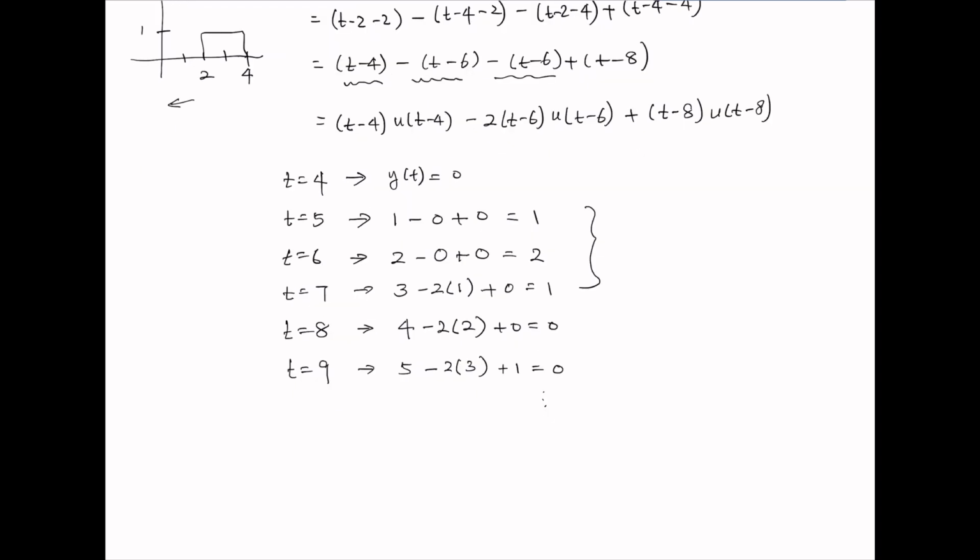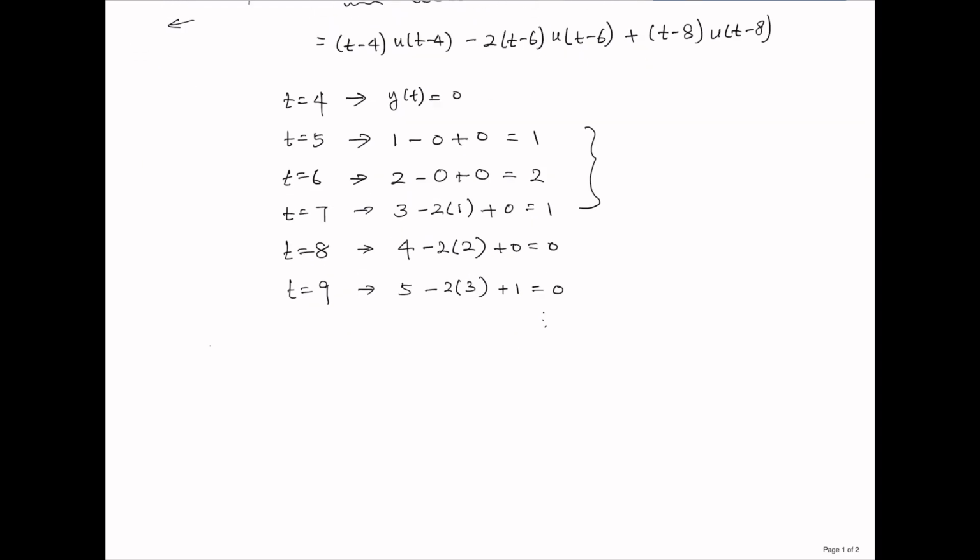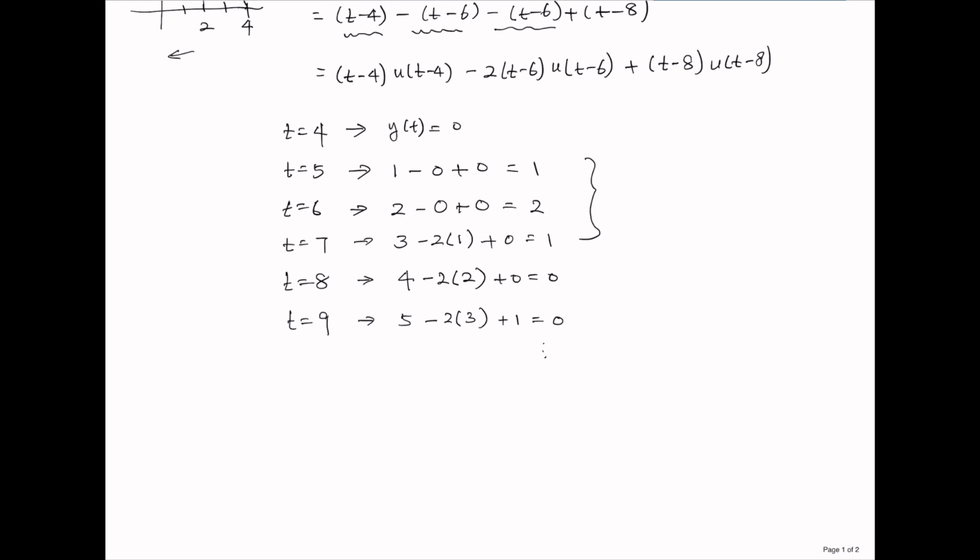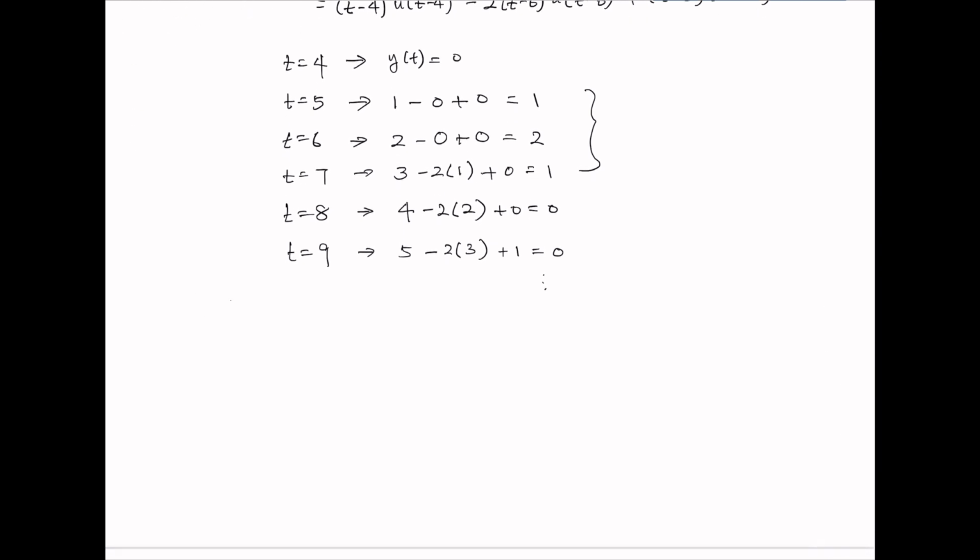Now, let's use the graphical method. We sketch that h of t right there. Now we know h of t. I'm going to call the first one x of t, which is h1 of t, and that is 2 to 4.